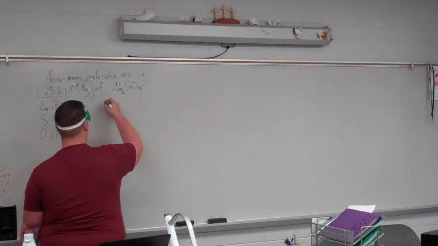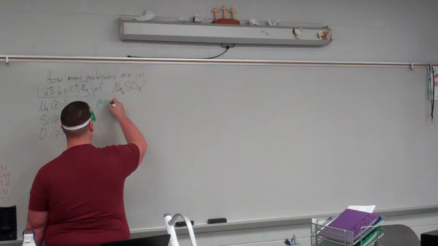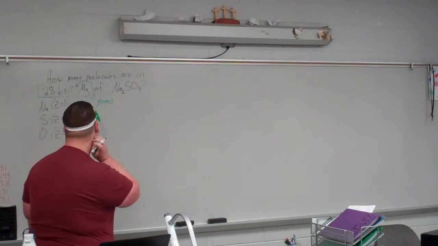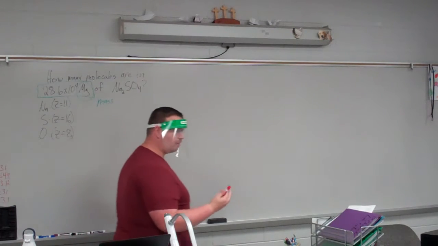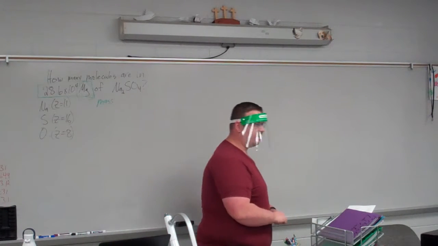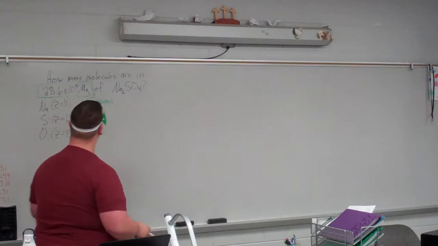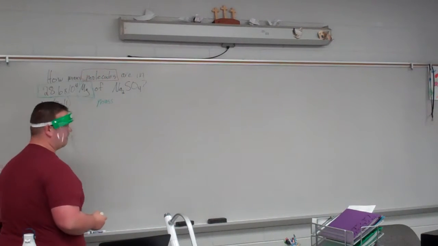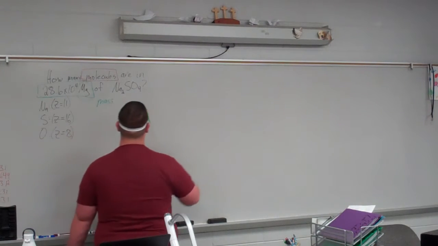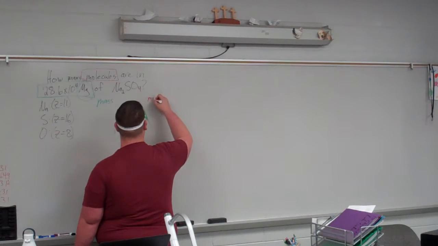Grams. Megagram. Mass. The units are megagrams. Now, find where you're stopping. Where does Mr. Hall want you to end at? How many molecules? That's my stopping point. So, molecules.